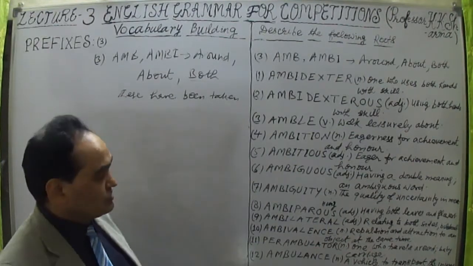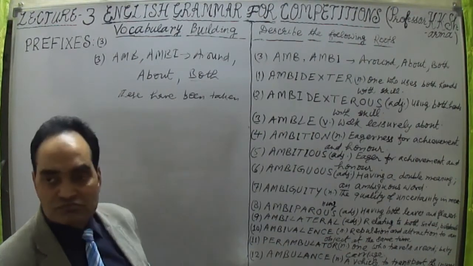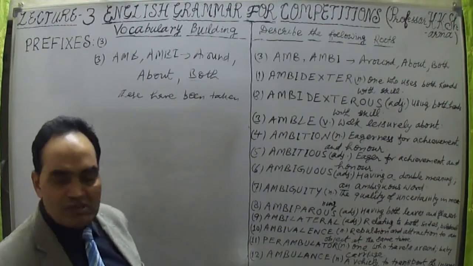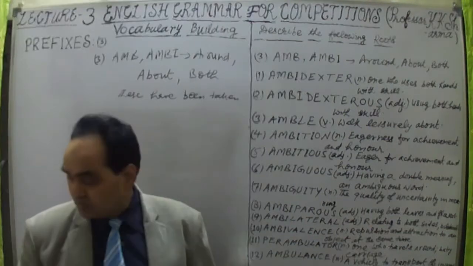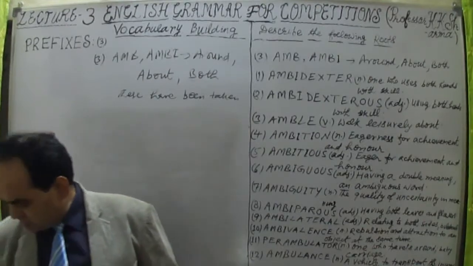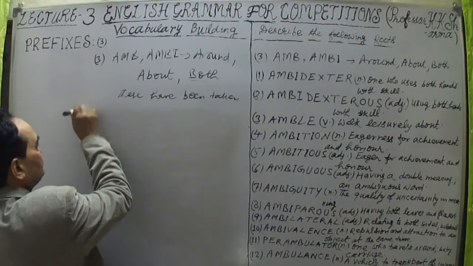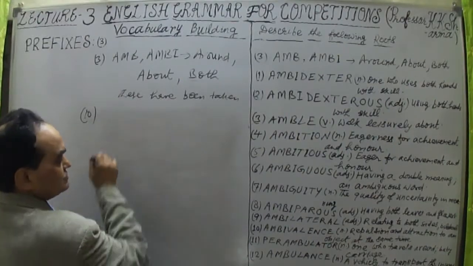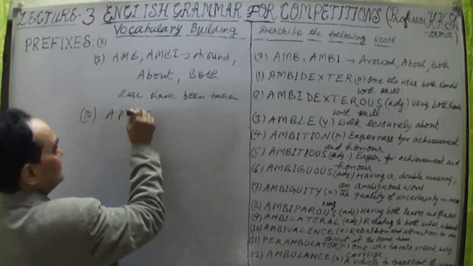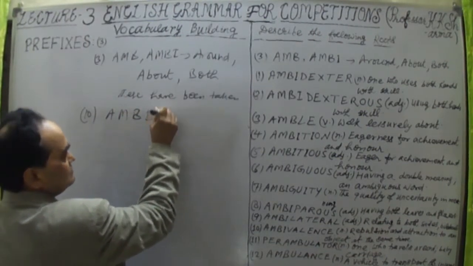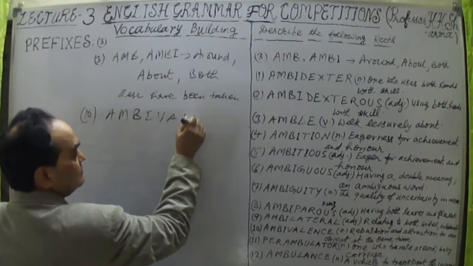So this is what you call ambit. You will find a number of words based on the same thing. Now let me take the tenth word. Your tenth word is ambivalence, A-M-B-I, ambivalence, V-A-L-E-N-C.